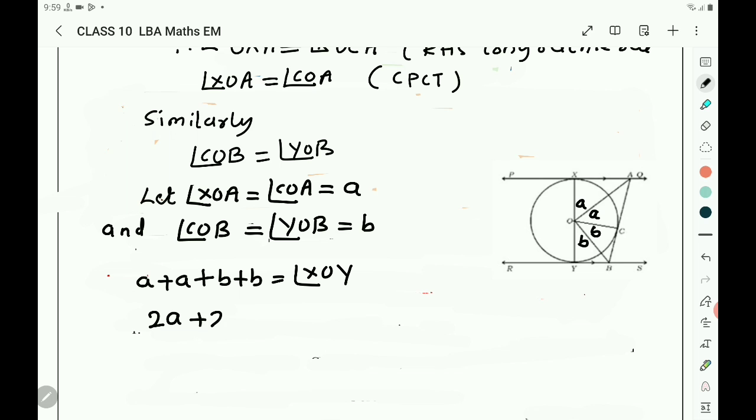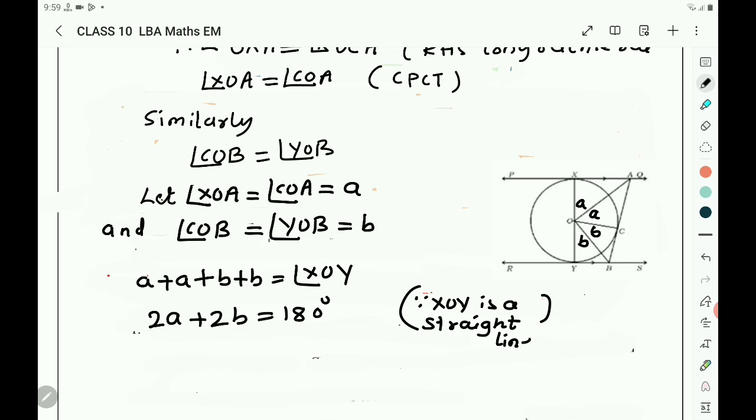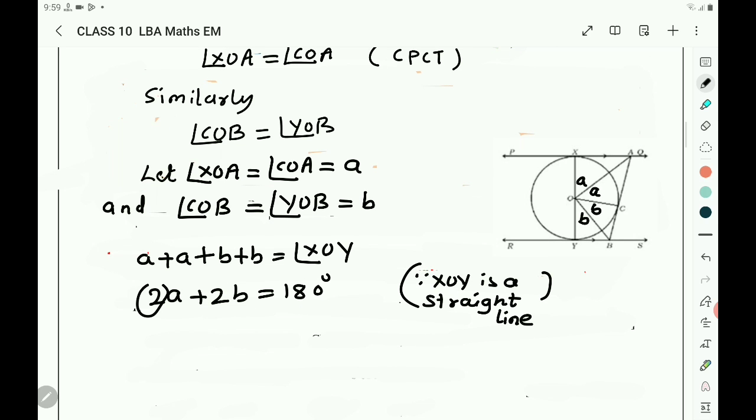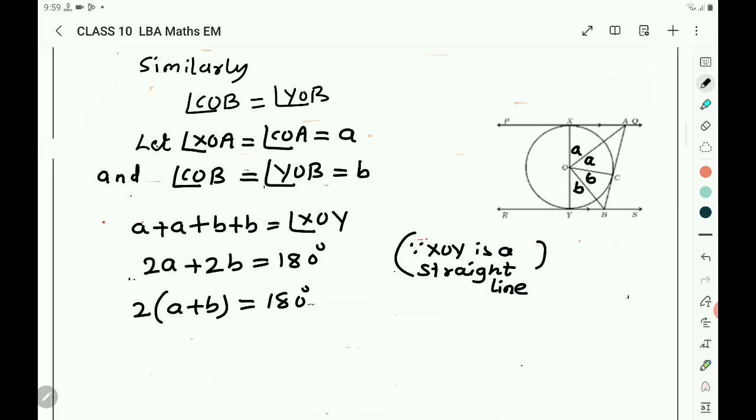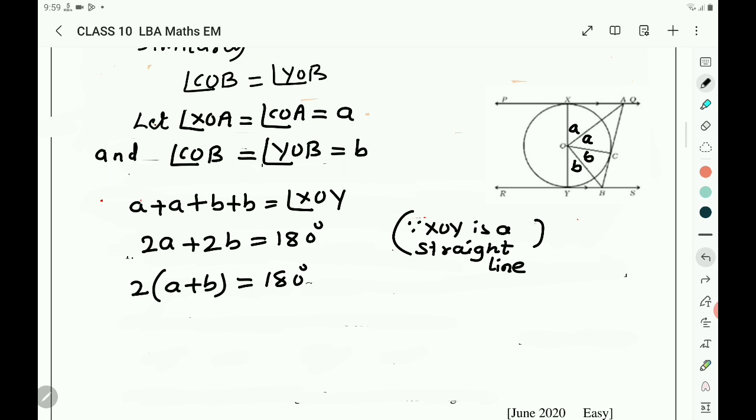2A plus 2B is equals to 180 degree because XOY is a straight line. Then here you remove 2 common. 2 into A plus B is equals to 180 degree. Then you transfer this 2 to the RHS.